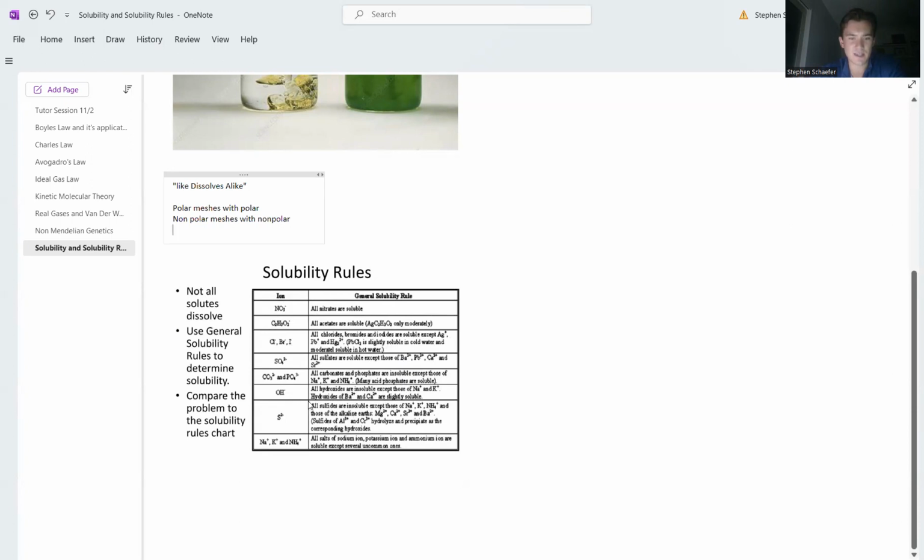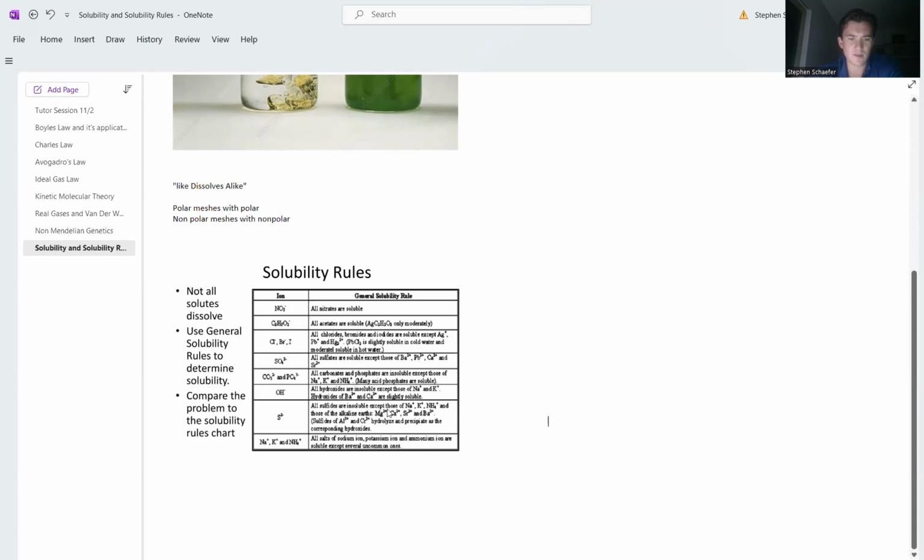So sulfides and hydroxides are actually going to be insoluble with most things, except with Na and potassium, right? And then hydroxide with Ba and Ca, right? So barium and calcium, they're going to be slightly soluble, but not completely soluble.